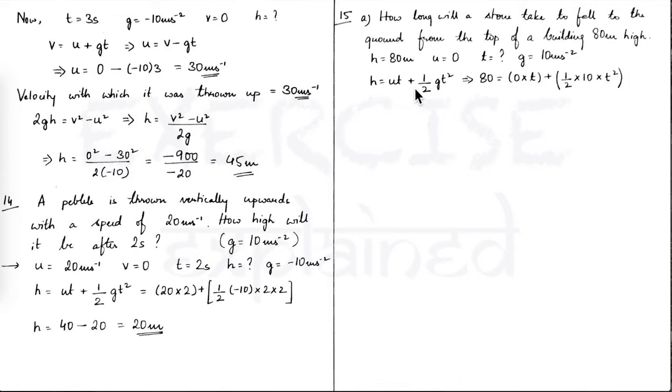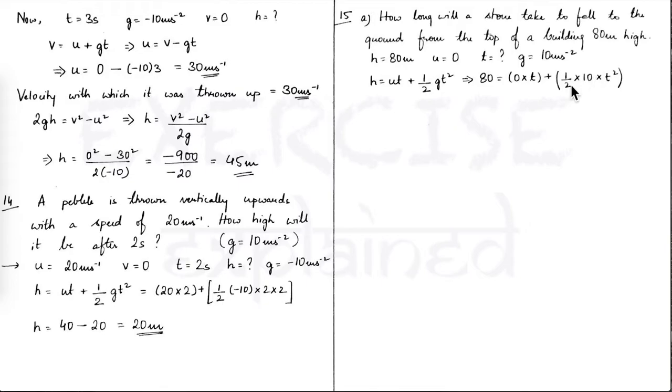So h is equal to ut plus half gt square. With this formula I would be finding the value of t. So h is given as 80 is equal to 0 into t plus half into g is plus 10 into t square. So 0 into t happens to be 0 plus half into 10 into t square.